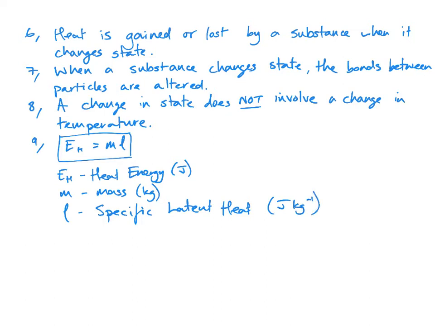Now you can have specific latent heat of fusion, which means changing liquid to solid or solid to liquid, and specific latent heat of vaporization, which is liquid to gas or gas to liquid. And specific latent heat is the amount of energy required to change the state of 1 kilogram of material.